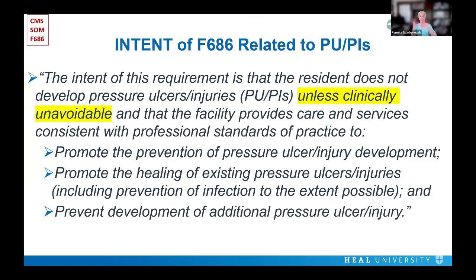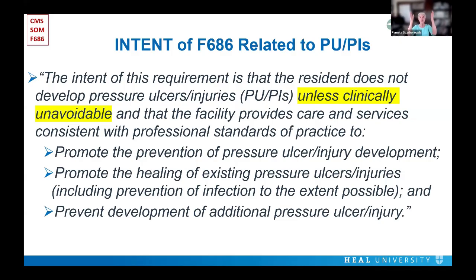The intent of F686, the integumentary tag, skin integrity, is that the resident does not develop a pressure ulcer injury unless clinically unavoidable, and that the facility provides care and services consistent with professional standards of practice to promote the prevention of pressure ulcer injury development, promote the healing of existing pressure ulcer injuries, including prevention of infection to the extent possible, and prevent the development of additional pressure ulcer injuries.